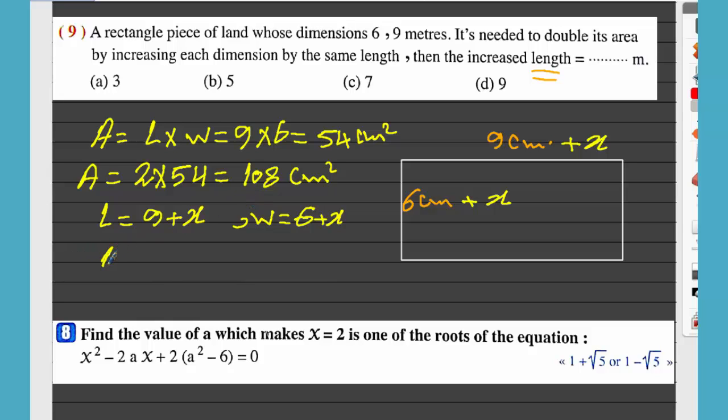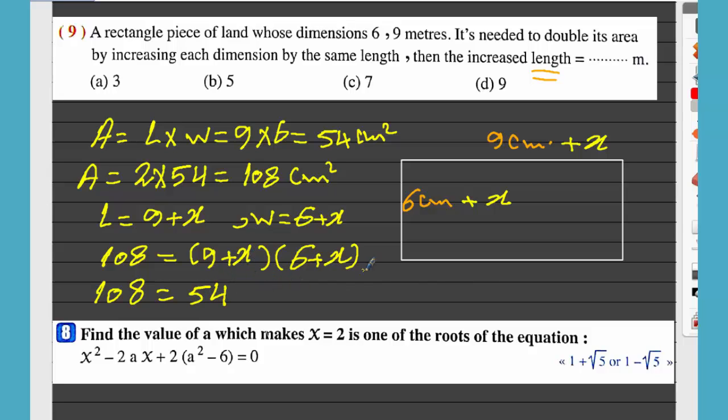108. So 108 equals 9 plus x multiply 6 plus x. And we will solve it. So we have 108 equals 9 multiply 6 equals 54, x multiply x, x squared.